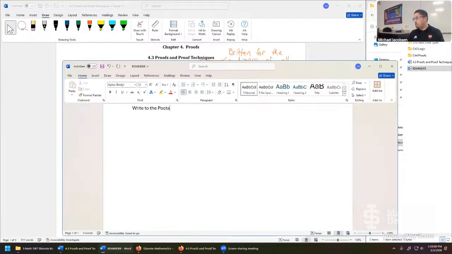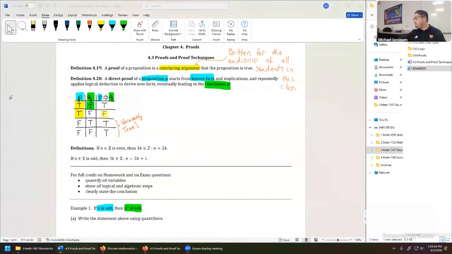Write to the Pocatello Testing Center: students may bring as many pens and pencils as they wish, probably is better wording there, and a pencil case is fine too. I won't worry about the grammar and spelling at the moment, but I'll send off that message as soon as possible to make sure those materials are in fact allowed.